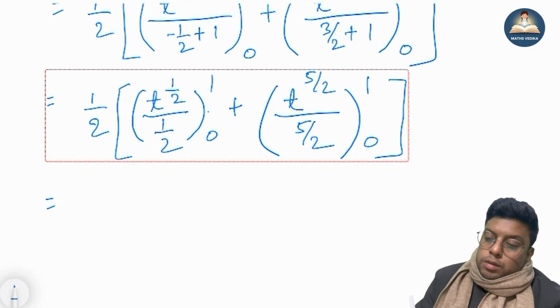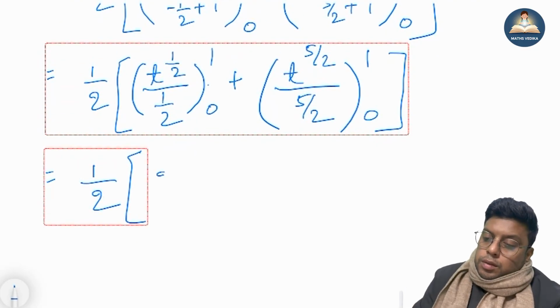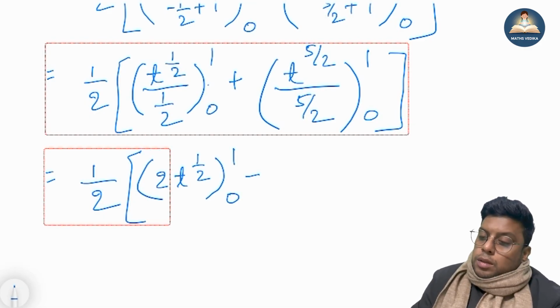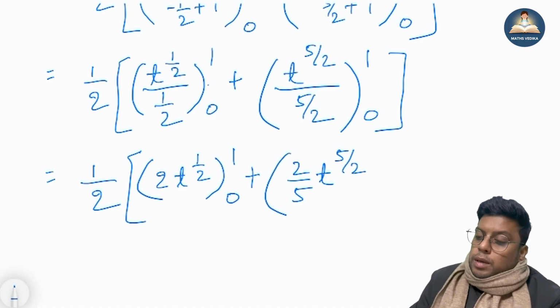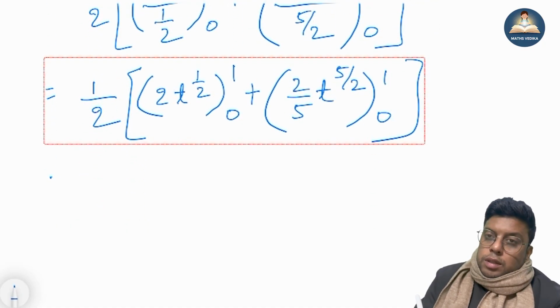Now this is equal to 1 by 2 into 2 into t to the power half from 0 to 1, plus 2 by 5 t to the power 5 by 2 from 0 to 1.